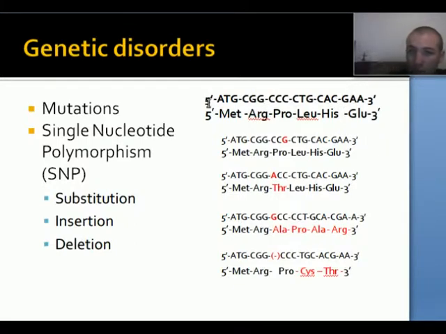If this is the normal gene, with no SNPs, what could happen if we change this nucleotide here? Instead of being a cytosine, what would happen if we have a G?